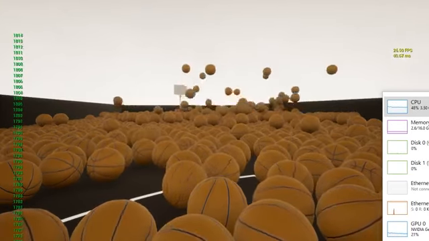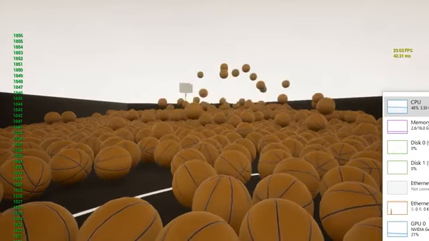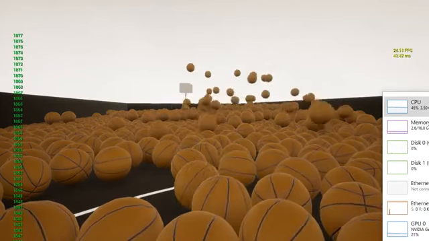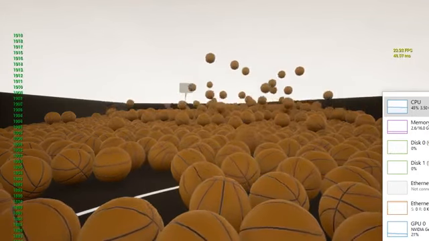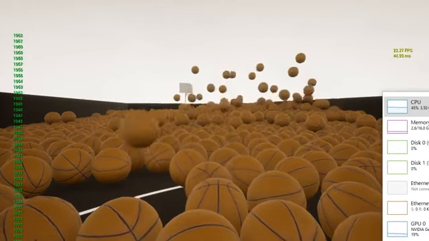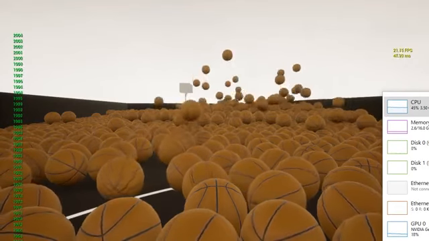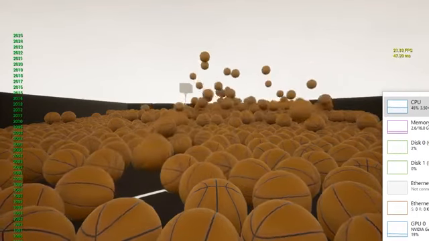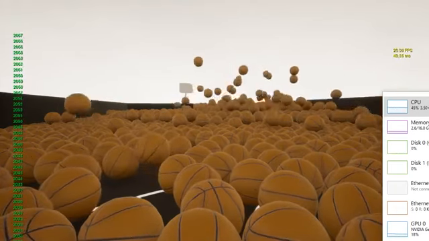Absolutely phenomenal how much a chip can calculate or process per second. All right, coming up on 2,000 simulated objects. Just passed it. We're just going to keep going.